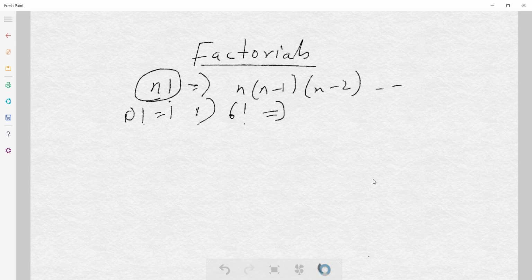If you go by this logic, this can be written as 6 times, where n is 6, n minus 1, that's 6 minus 1, 5 times 4, then 3, then 2.